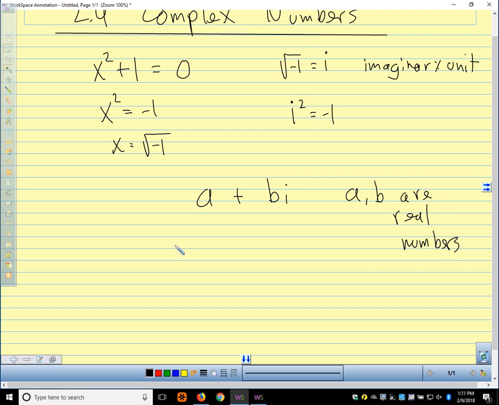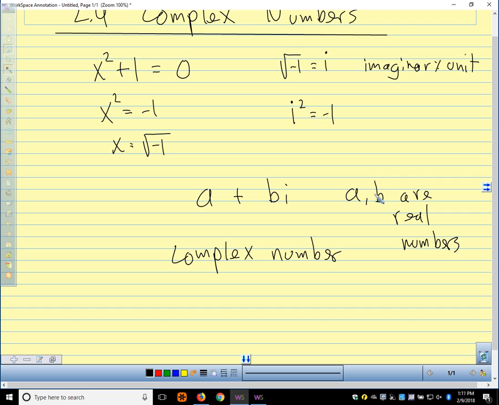An imaginary number is just with an i. A complex number has a plus bi, where a and b are real numbers.